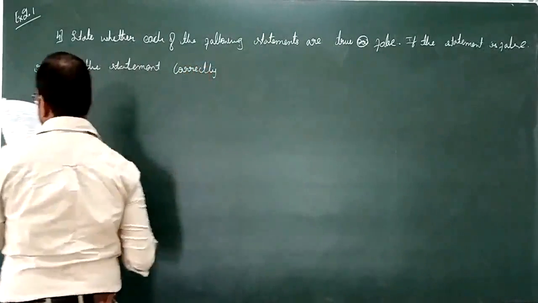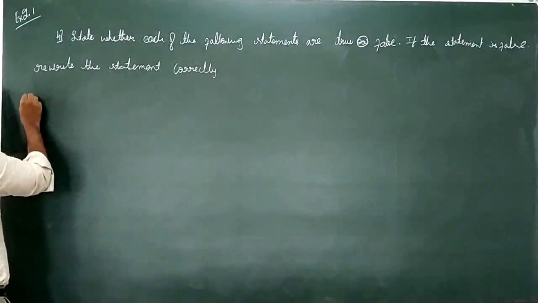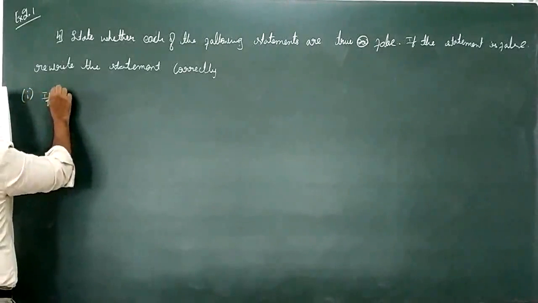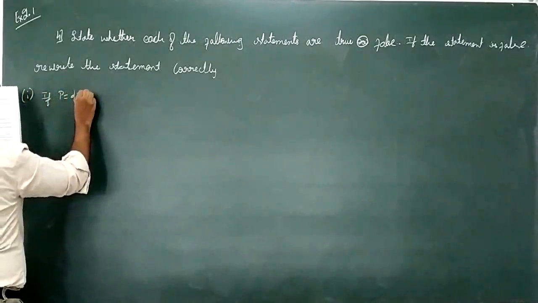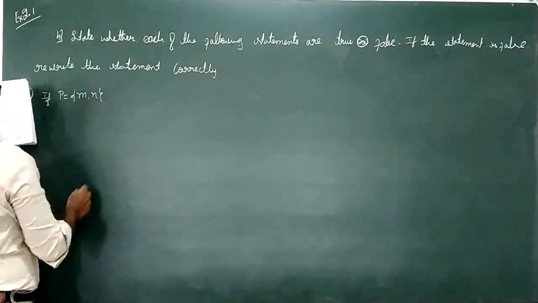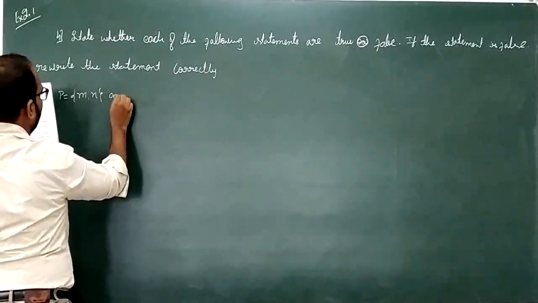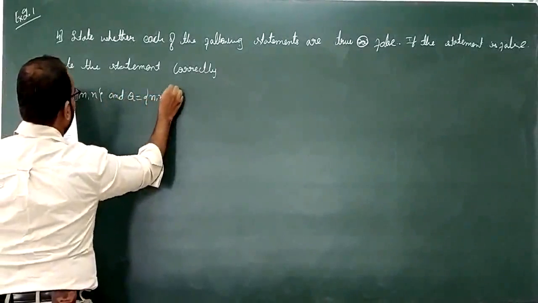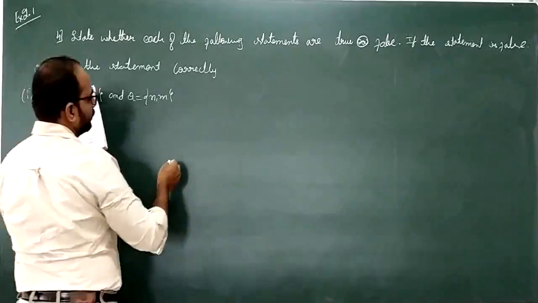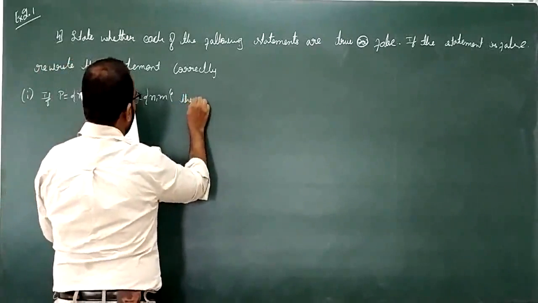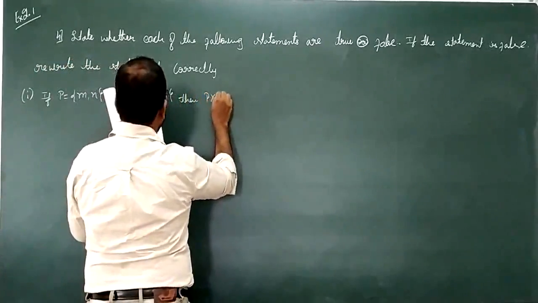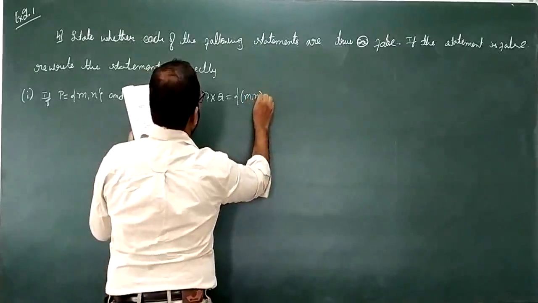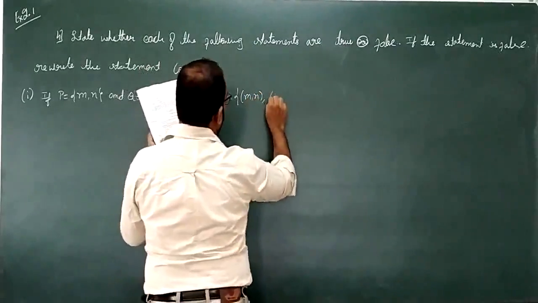In the first sub question, if set P is equal to {m, n} and set Q is equal to {n, m}, then the Cartesian product of P and Q is equal to (m, n), (n, m).